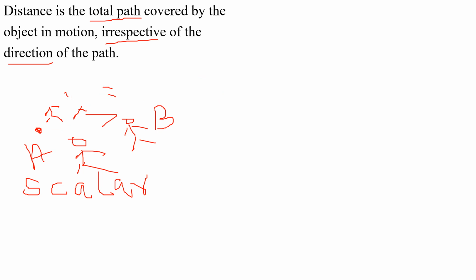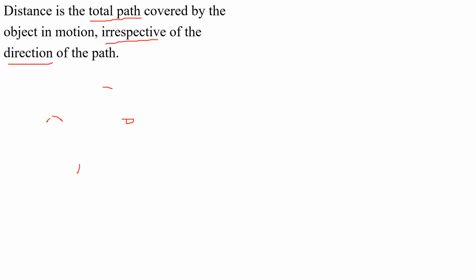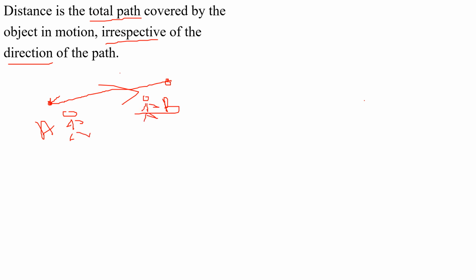This was about the distance. Now, when we take the second case, if we consider these 2 points A and B, and the body moves in a straight direction from one point to another point, here we have both magnitude.